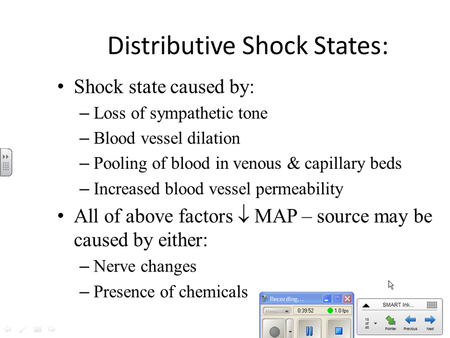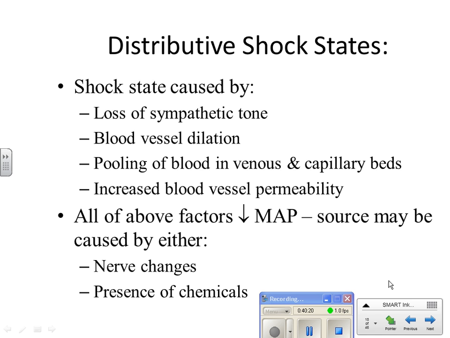So if we don't have good sympathetic tone, what happens to our blood vessels? They can't do what? Can't constrict, because it's the sympathetic nervous system that stimulates the blood vessels to constrict. So we have blood vessel dilation, we have pooling of blood in the venous and capillary beds, and we have increased permeability of those capillaries. And because of that, the mean arterial pressure drops.